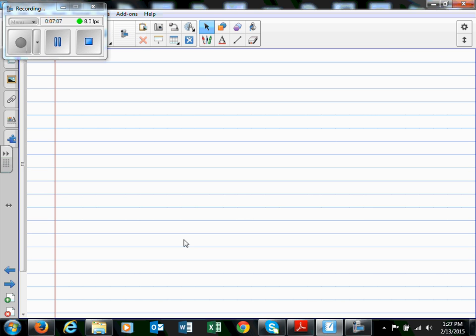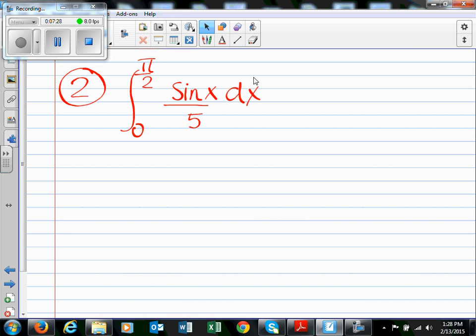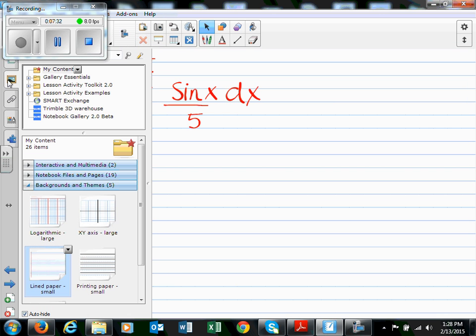I want you to try that. So number 2: the integral from 0 to pi over 2 of sine x over 5 dx. Okay, I give you 2 minutes.